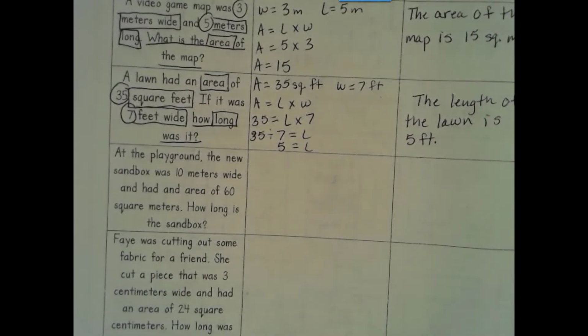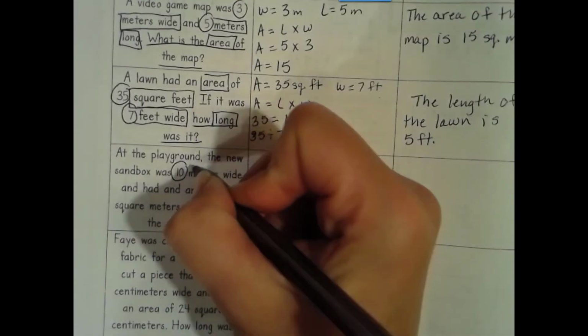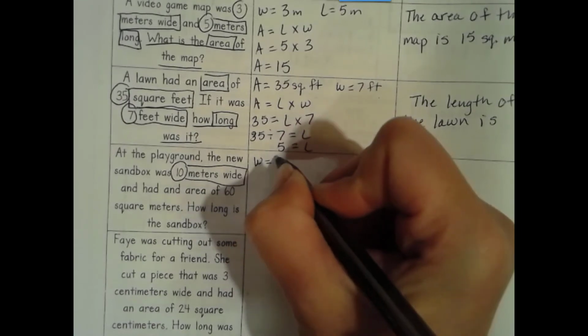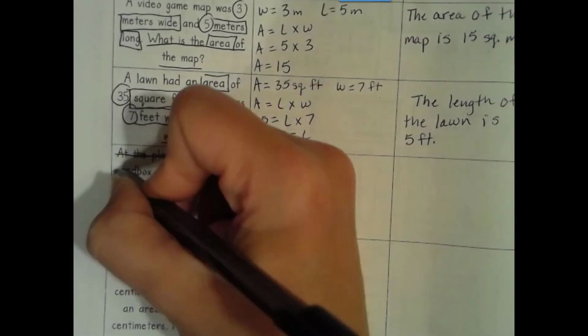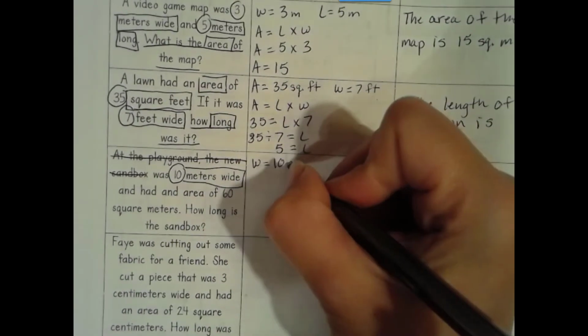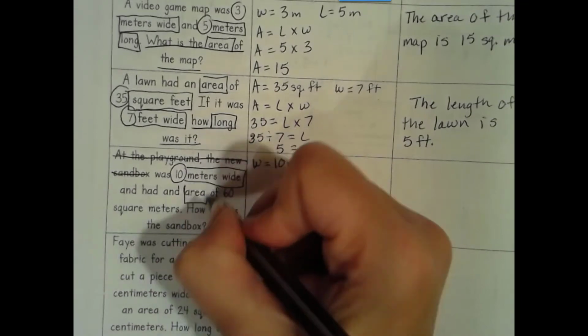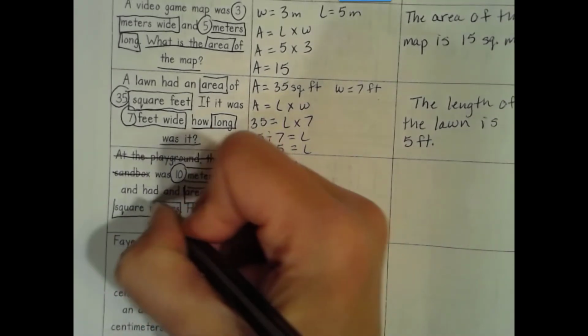At the playground, the new sandbox was 10 meters wide. Width is 10 meters. Doesn't really matter that we're at a playground with a new sandbox. And has an area of 60 square meters.